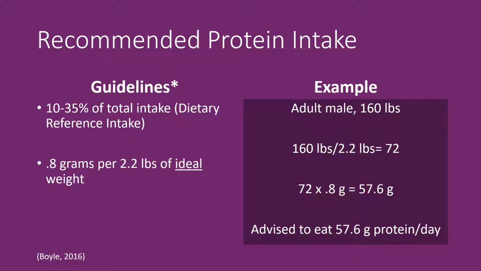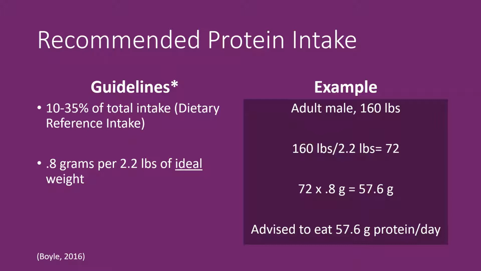The following guidelines are intended for healthy adults. The Dietary Reference Intake advises that proteins should account for 10 to 35% of your daily total caloric intake. Another guideline is that you should eat 0.8 grams of protein for every 2.2 pounds of ideal body weight.